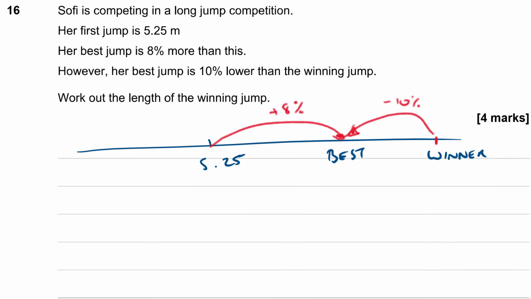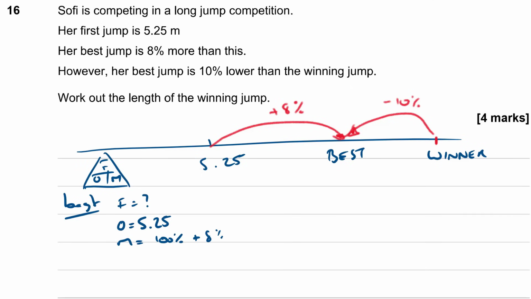Okay, so let's work out her best jump first off. So best is going to be, well, it's a percentage increase, isn't it? So using our triangle, final, original, multiplier, our final is what we're trying to get. Our original is 5.25 and our multiplier is 100% plus 8%, which is 108%, which is 1.08 as a multiplier.